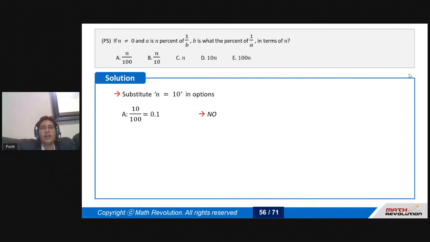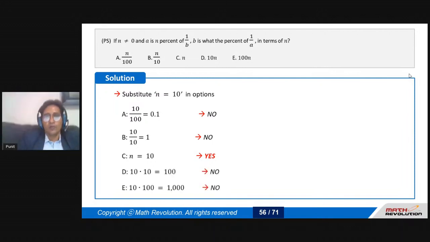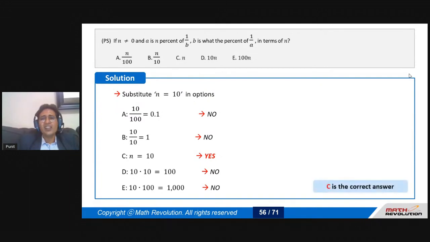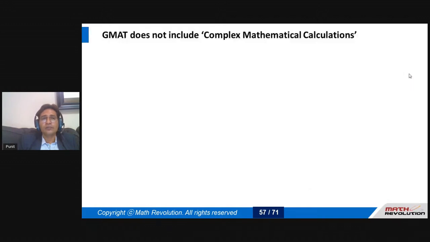A equals 10 over 100, 0.1, no. A equals 10 over 10, that is giving you 1, no. n equals 10, so that is yes. So first you found those two values, then you put them into the equation, and now you've been checking the options. This is actually taken as a conventional approach solution directly. So avoid such kinds of solutions to save your time.